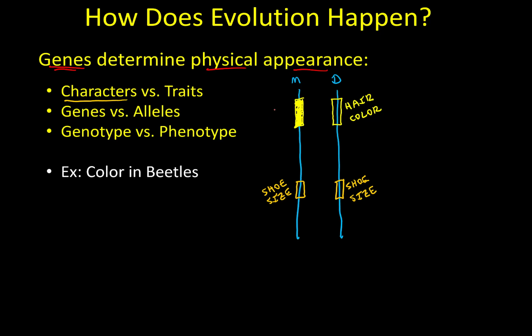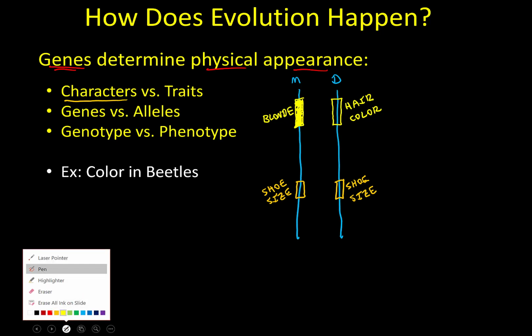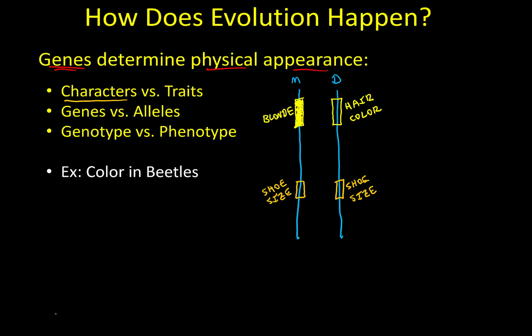I'm going to say that from our mother, we inherited the allele, the specific version of the gene, for blonde hair. From our dad, we also could have inherited the blonde version of the gene. Both of our parents could have had the same hair color. Totally possible. But just to make this fun, let's say instead we inherited a different allele from our dad. Let's say instead of inheriting the blonde allele, we inherited the allele for red hair.